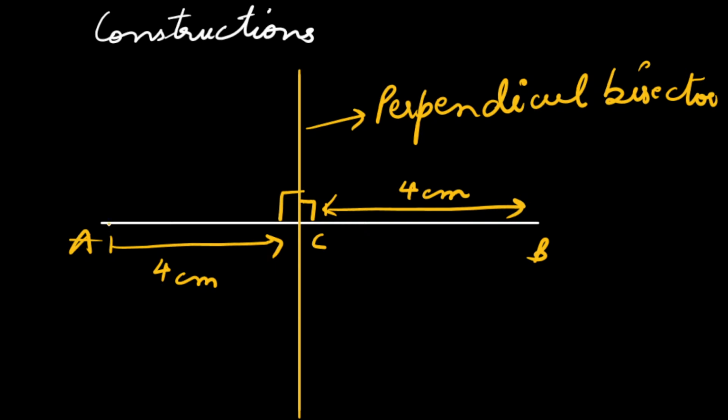Open the compass more than half, keep the compass at point A, one arc up, one arc down. Same way, keep your compass at point B, one arc up, one arc down, and then the line should pass like this. So I hope you will not forget now. If anyone has any doubt, you can just tell me.